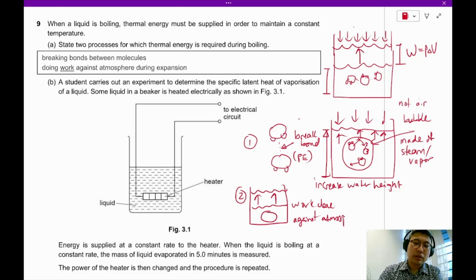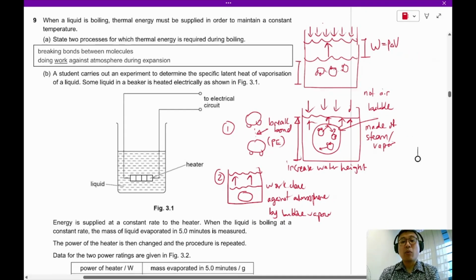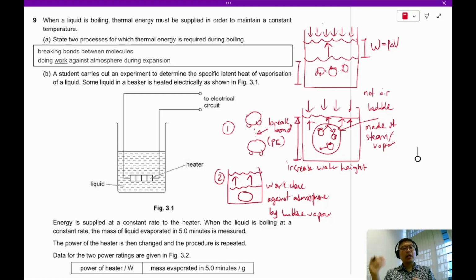This is the work done by the bubble vapor. So there are two kinds of energy required. One of them is the energy to break the bond, the potential energy, and the other is the work done against the atmosphere during expansion. So these are the two energies.